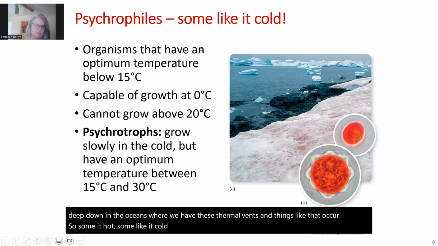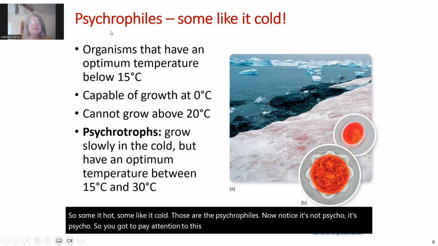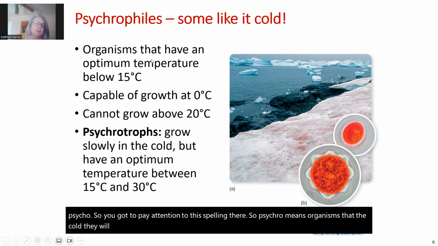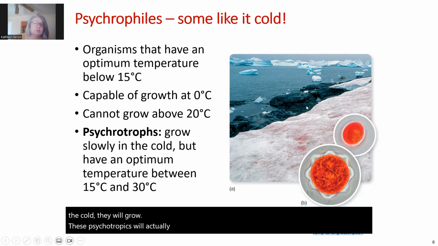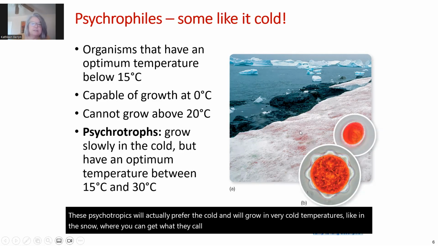Those are the psychrophiles. Now notice it's not psycho, it's psychro. So you've got to pay attention to the spelling there. So psychro means organisms that like the cold. They will grow in very cold temperatures, like in the snow, where you can get what they call pink snow, and that's because of a pigment that's produced by some algae that can grow in the snow.